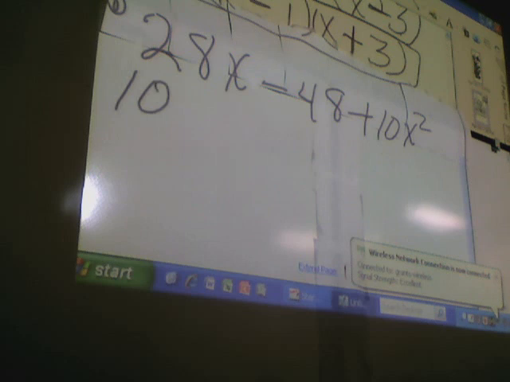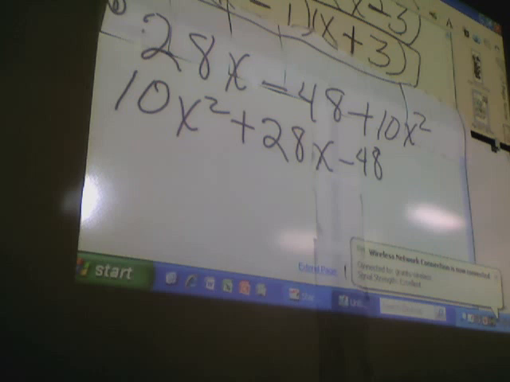Start with the 10x squared. This is a positive 28x. And then put our minus 48. Okay, the 48, there's a lot of ways to get it. There's a couple ways to get the 10. We're going to have to try to figure out what our factors are here.